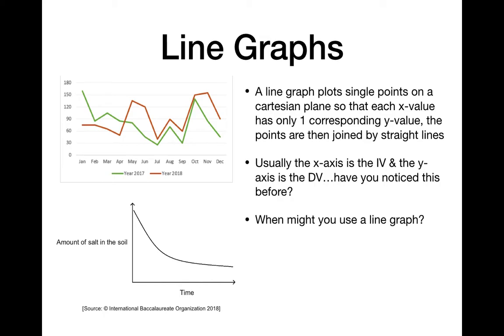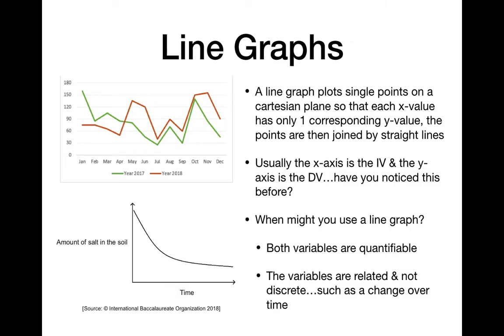Okay? So when are we going to use a line graph? Well, line graphs are most often used when we have variables that are quantifiable. Both variables have to be numerical in their form, and they have to be related and not discrete. So each variable has to be connected some way. If they're not connected, we should not join them in a line, because they're not separate individuals.